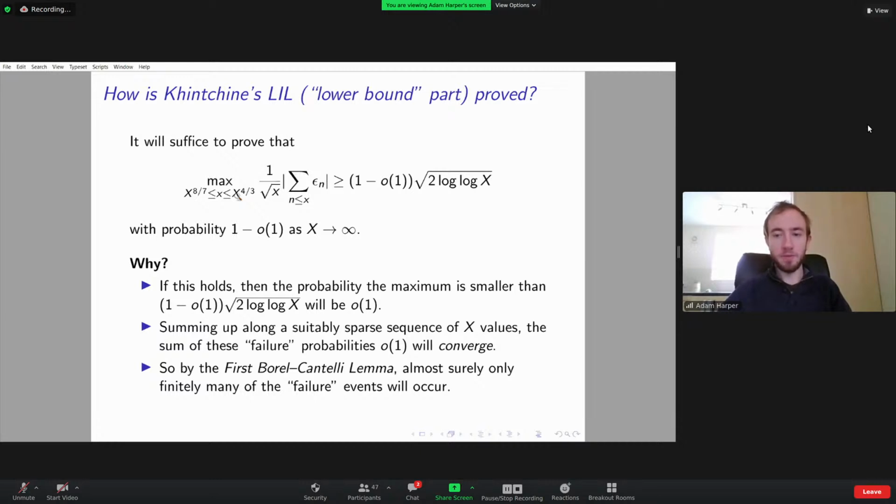And why will that suffice? Well, if the maximum is bigger than this with probability tending to 1, that means the complementary event, the maximum being smaller than this, will happen with probability tending to 0.